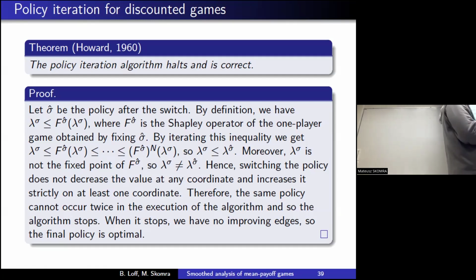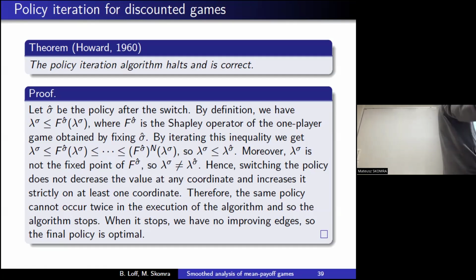Lambda sigma I was smaller than 1 minus gamma Rij and so on, but in my new policy this is exactly the value of f sigma hat at this point. So by definition, we have this inequality: the new operator on the old point.